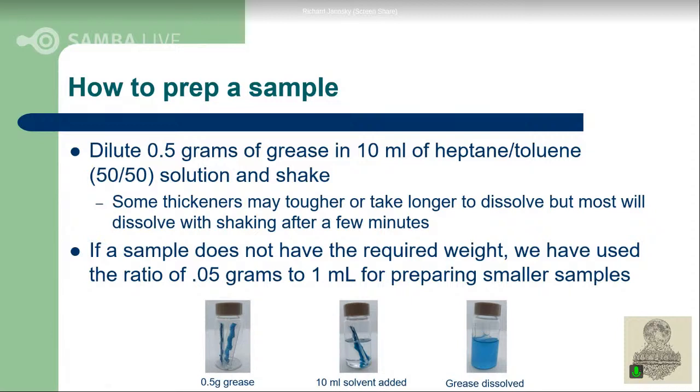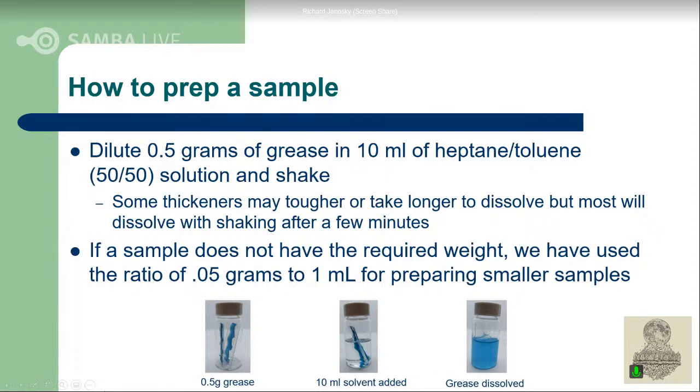That sample is then shaken or agitated, and when the sample is completely dissolved, it is ready to run. And there you see on the bottom, you have a 1/2 gram of grease in the vial, 10 milliliters of solvent has been added, and then after a short period of time, the grease is completely dissolved.